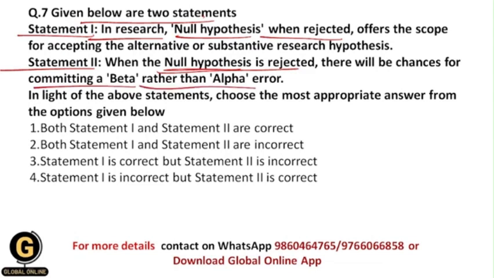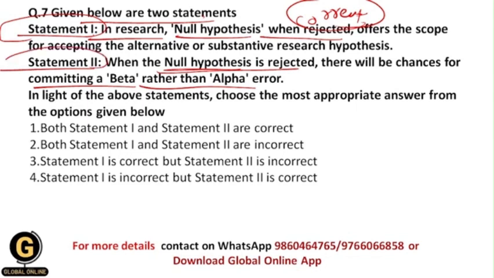Statement 1 states that whenever in a research process we reject the null hypothesis, then obviously it offers us the scope to accept the alternative or substantive research hypothesis, and this statement is correct because whenever we reject the null hypothesis, then automatically we accept the alternative hypothesis. Because this is a rule.